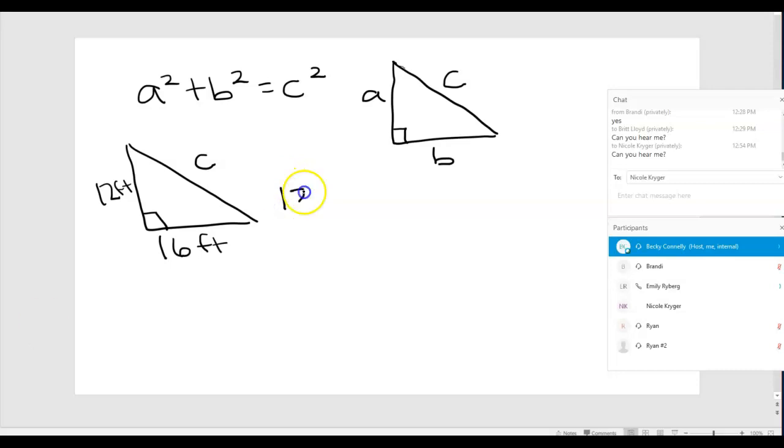So we'll have 12 squared plus 16 squared equals c squared. Now I'm trying to solve for c, but let's first get the left side of the equation figured out. What is 12 squared?